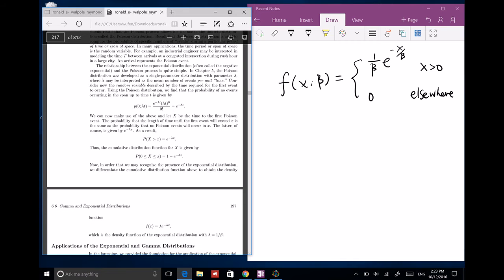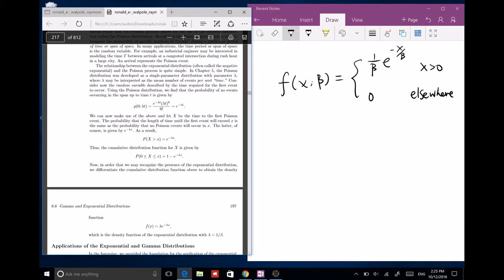Now let x be the time of the first Poisson event. The probability that the length of time until the first event exceeds x is the same as the probability that no Poisson events occur in x. So the result is going to be an exponential distribution. Okay.